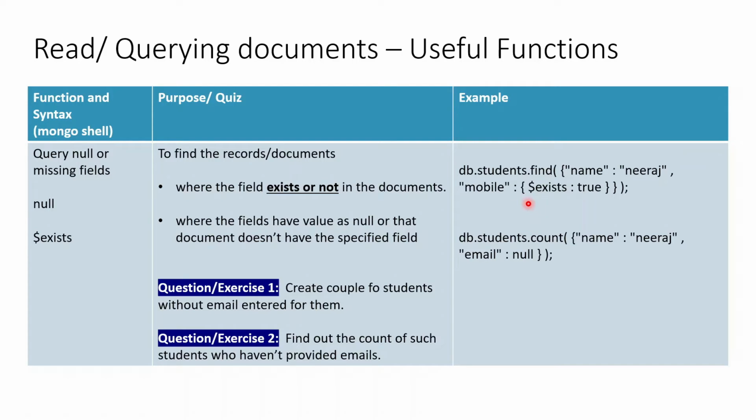Same way we can check for some students email exists or not. So we can check for null values using null operator. So if you look at this, we want to see that where email value is not provided or specifically equal to null. So this is how you can query this.